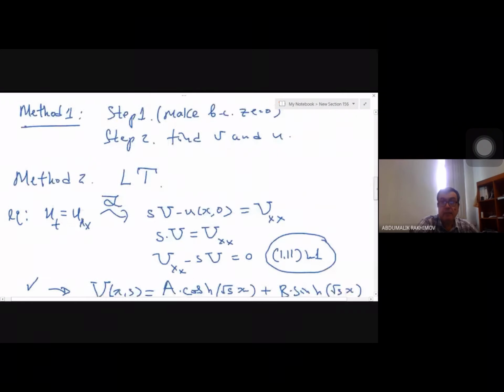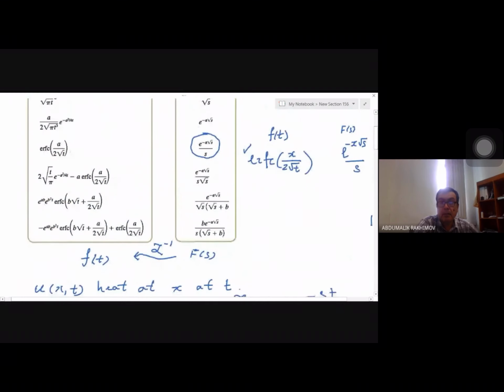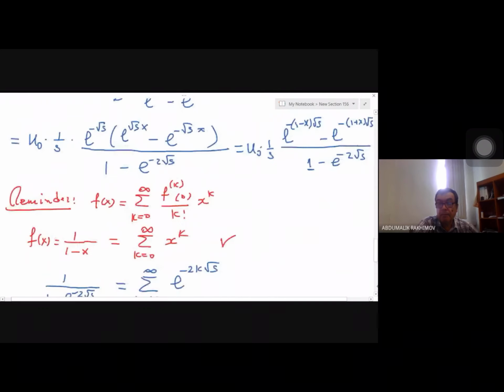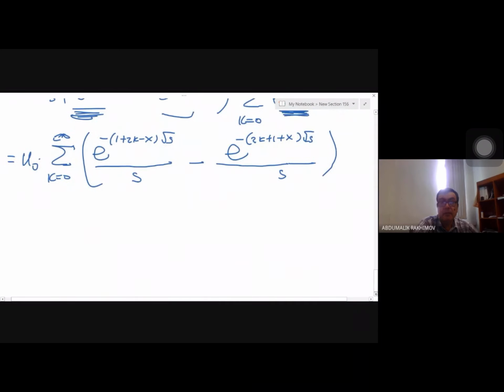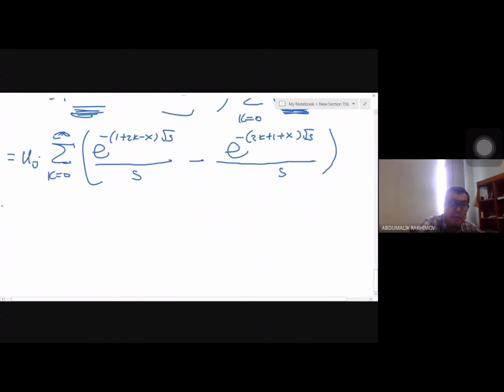It's exactly like this, and the inverse is the complementary error function, erfc of a over 2 root of t. Whatever a is, I must write it here. So, okay, now let's do the inverse. The inverse is actually my function u(x,t).